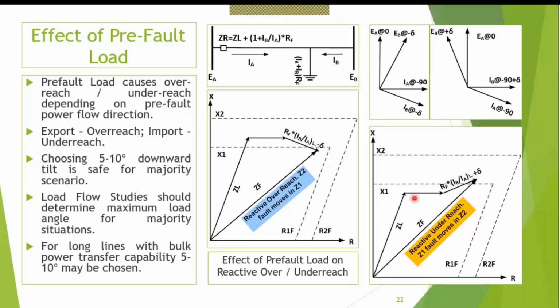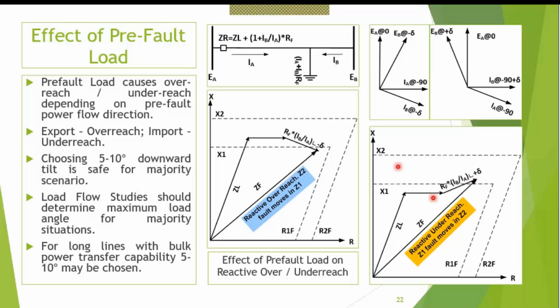Again, in the same way, if the prefault load flow is from EA to EB, then this will happen. But if the prefault load flow is from EB to EA, then the opposite will happen. Then a zone 1 fault can be seen in zone 2. The phasor diagrams I'm not explaining in detail.